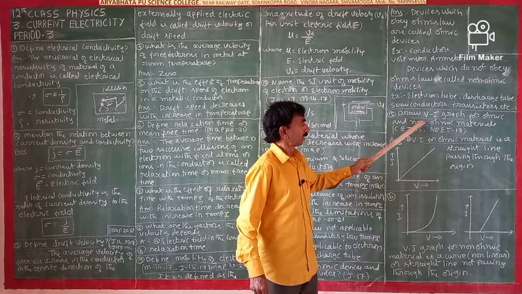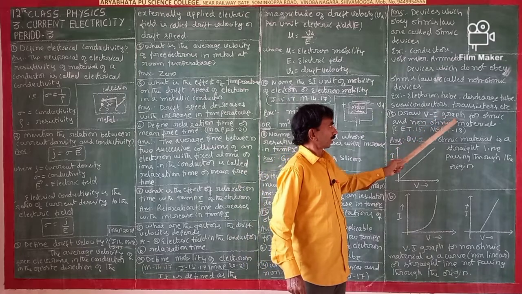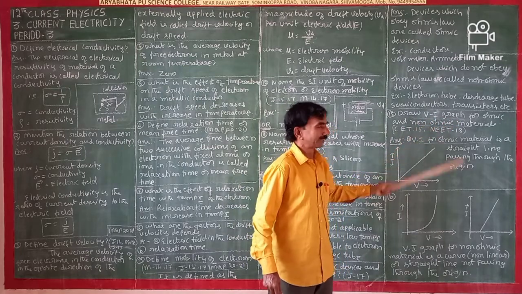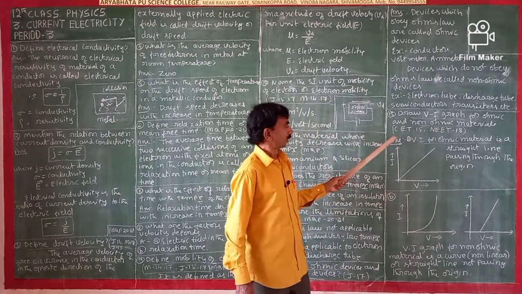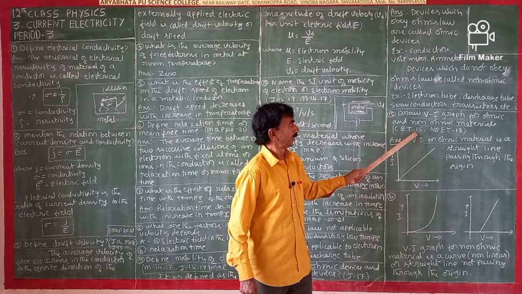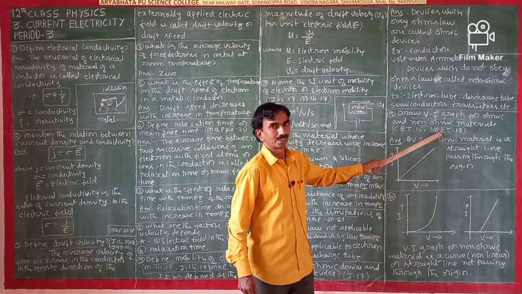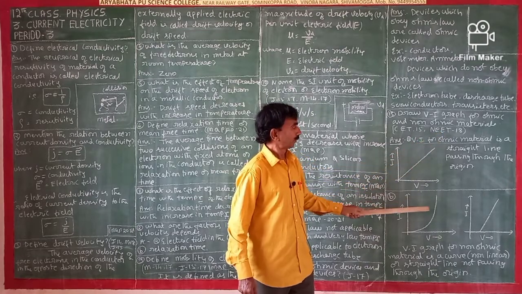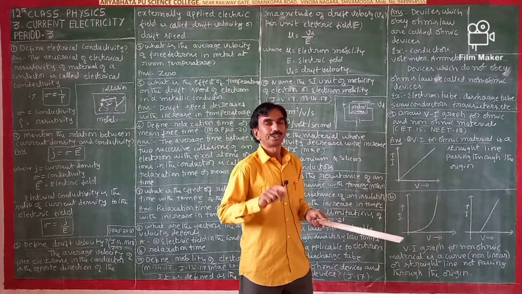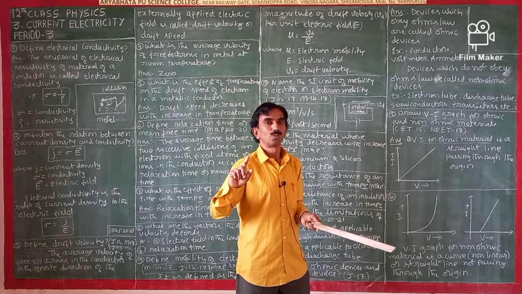Draw the graph of voltage and current for ohmic and non-ohmic devices. It came in CET 15 and NEET 18 exams, where graphs are given and they ask which of the following shows ohmic devices.